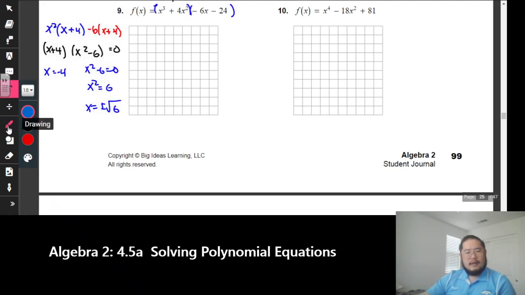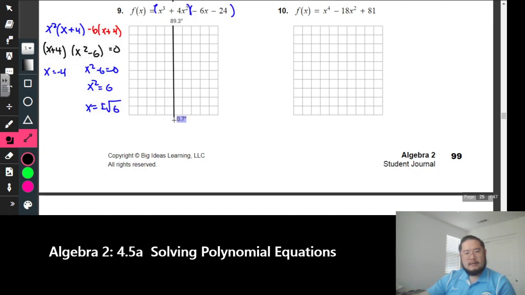Let me go ahead and put some lines down. So let me put a point right here at negative 4. 1, 2, 3, 4. Negative 4 is right there.